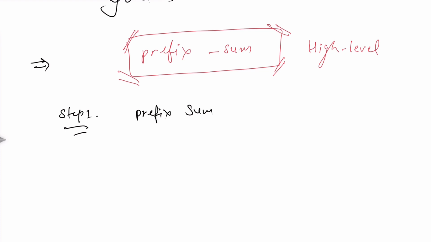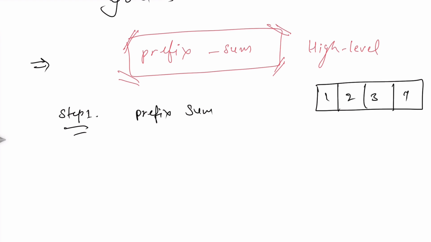We know that there is an array, and the array elements are 1, 2, 3, 4. If you want to do the prefix sum, it means we want to do the sum of the consecutive elements. Let's suppose the very first is 1, then 1 plus 2 becomes 3, then 3 plus 3 is 6, and 6 plus 4 is 10.